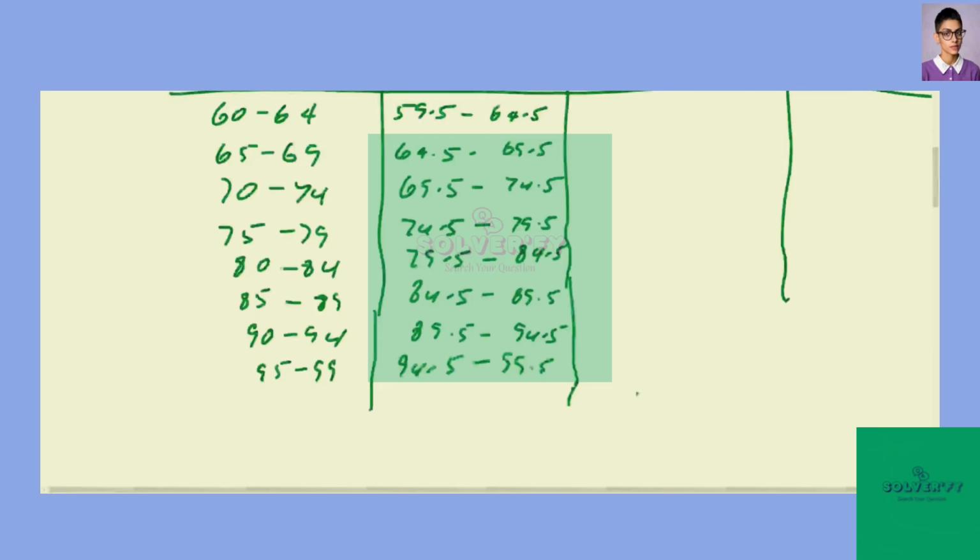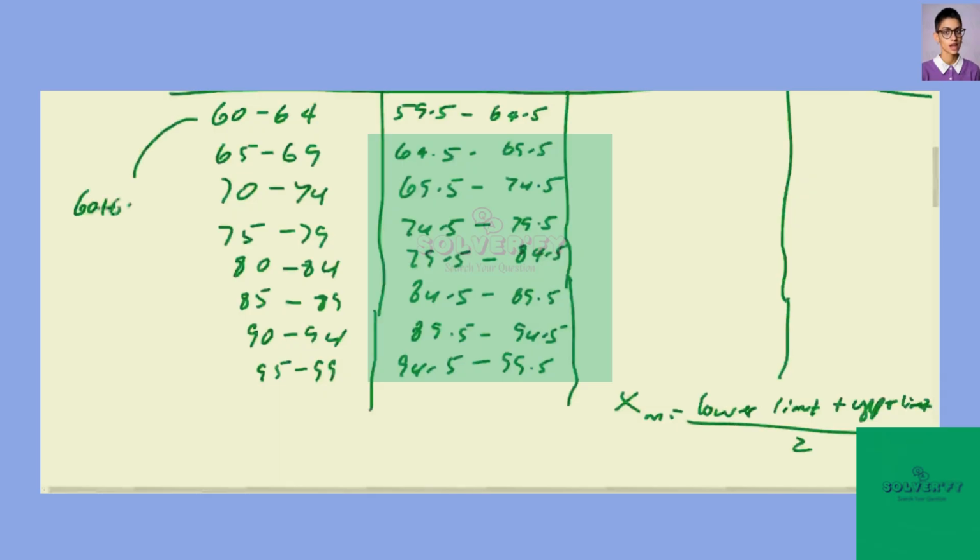The midpoint is computed by taking the lower limit plus the upper limit, and then you divide that by 2. So as an example, you'd take 60 plus 64 divided by 2, that's 124 divided by 2, and that gives you 62.